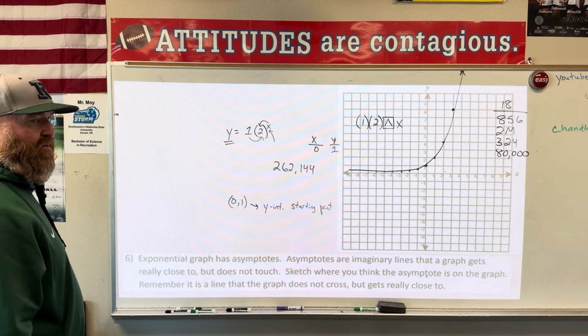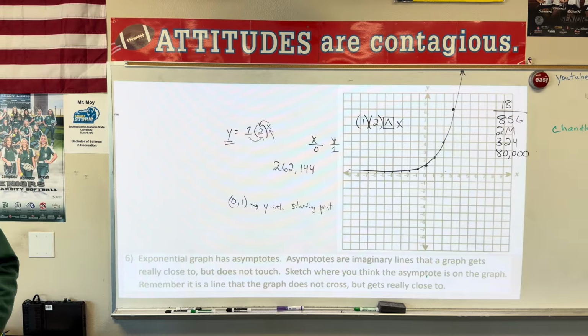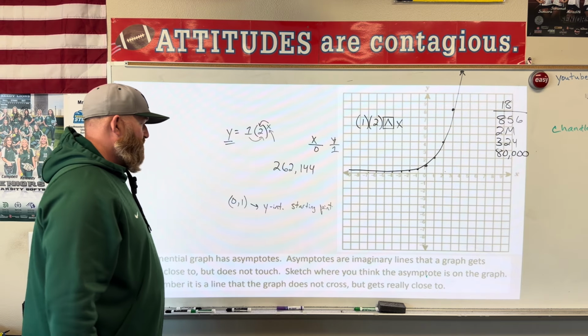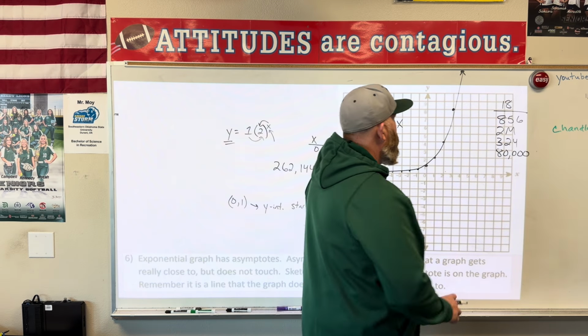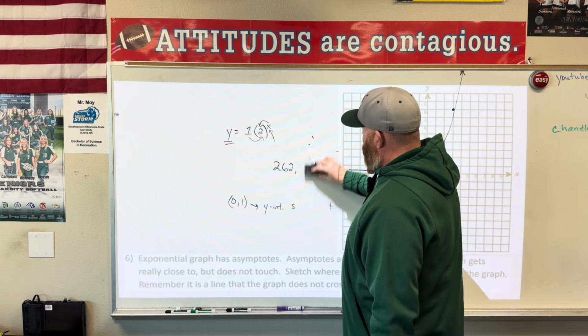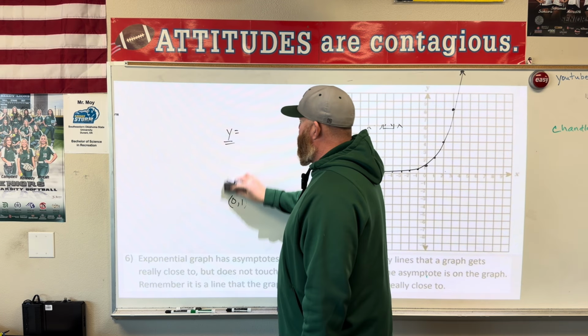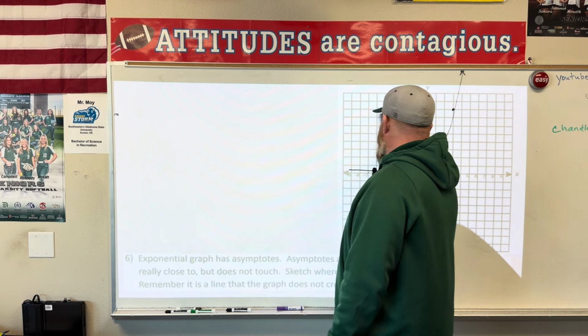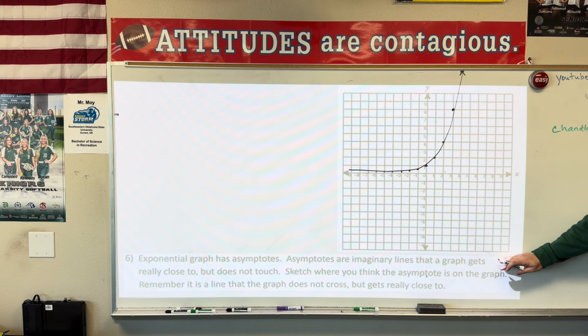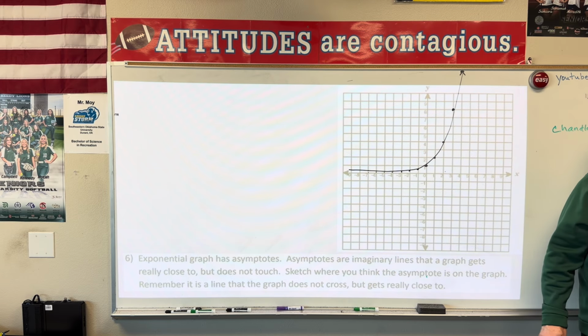Exponential growth, this is important, has, and you need to circle this word, asymptotes. On number 6, right here, asymptotes. They are horizontal lines that your graph looks like it gets to, but it never actually fully touches. Asymptotes are imaginary lines that a graph gets really, really close to, but does not touch.